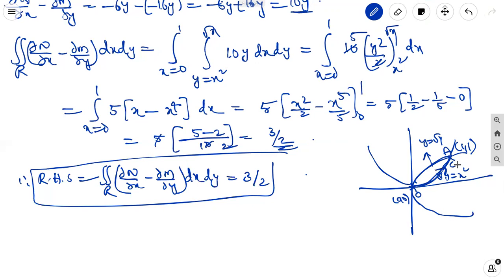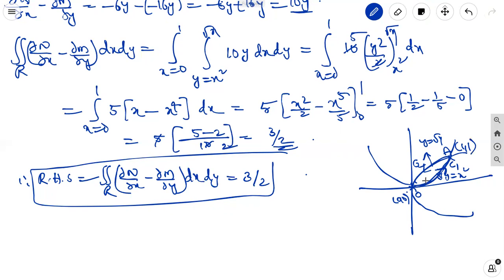In these two curves, one is the lower curve, another one is the upper curve, C1 and C2. The lower curve is from origin O to point A. The other one is the line integral from A to O. Here, O to A is along the curve y equal to x square, and A to O is along the curve y equal to root x.